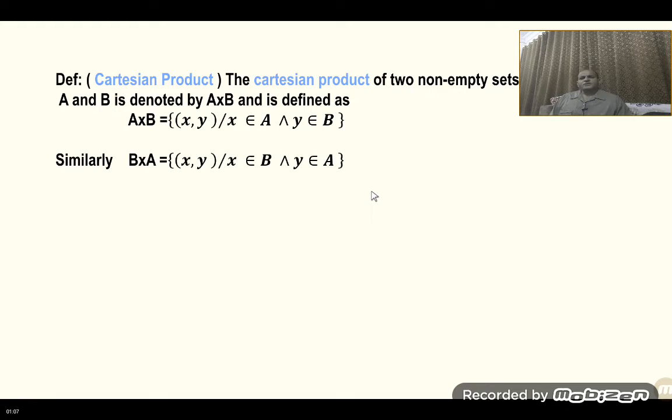In similar fashion, we can define B cross A. B cross A is also a set containing ordered pairs such that the first component belongs to the first set and the second belongs to the second set. And you see here, B is the first set and A is the second set.